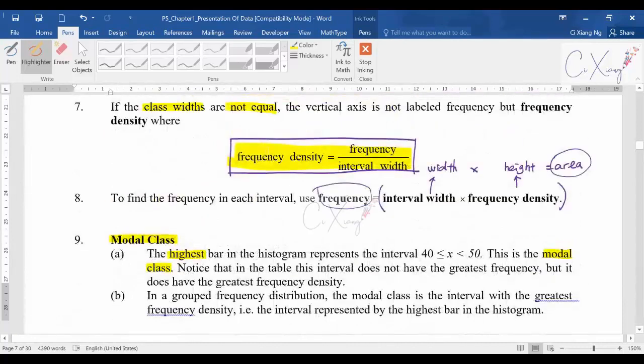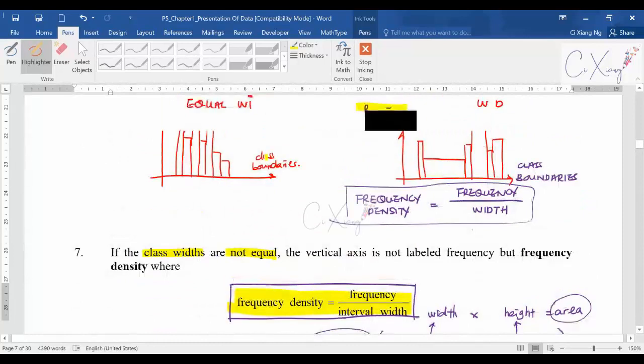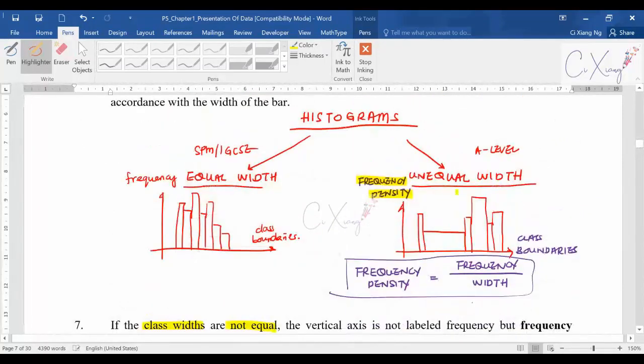There are a few important terms here. And after that, of course, the most important thing is you need to be aware that we have the unequal width histogram. In the exam, usually they like to ask the unequal width histogram. And I will tell you that if you are careless or when you are not checking before you draw, very easily you will draw the wrong type.